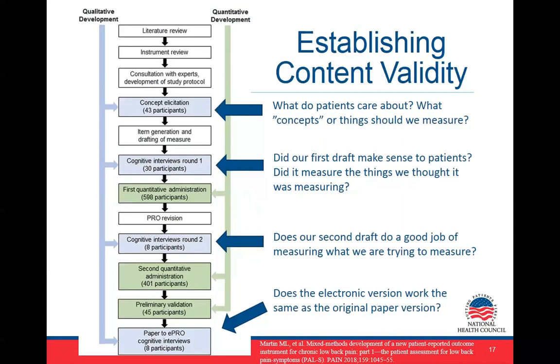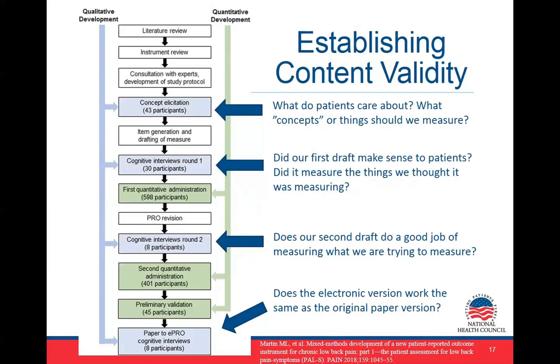And that will lead to some instrument revisions once we learn from patients what they understood and what they didn't understand. You'll see in the blue box that says cognitive interview round 2 with another group of patients. We'll do a second draft, and we'll ask those patients again, does it do a good job of measuring what's important to you and what we're trying to measure?